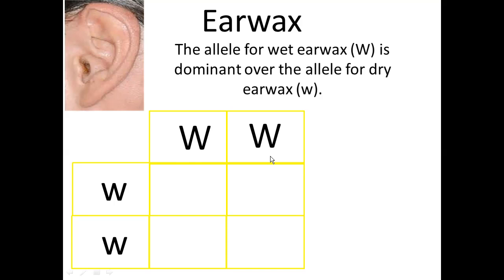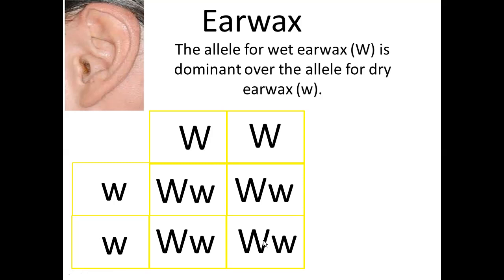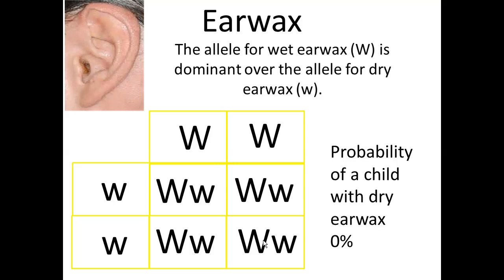So when you have two parents, for example, one with both dominant alleles and one with the two recessive alleles linked with dry earwax, when you are crossing the gametes, the probability to have a child with wet earwax is 100%. Instead, the probability to have a child with dry earwax will be 0%.